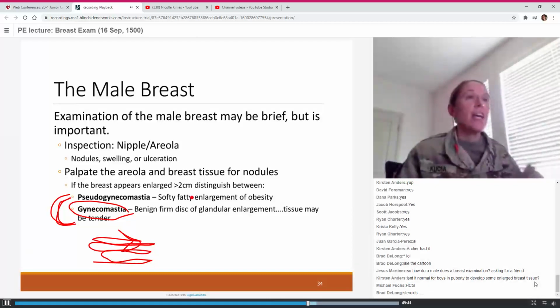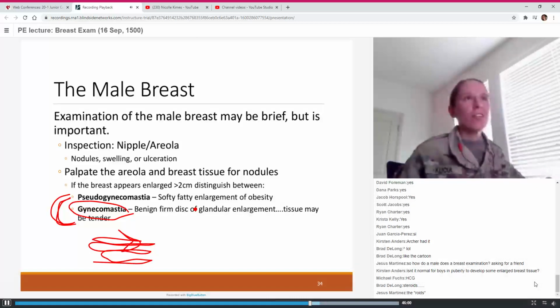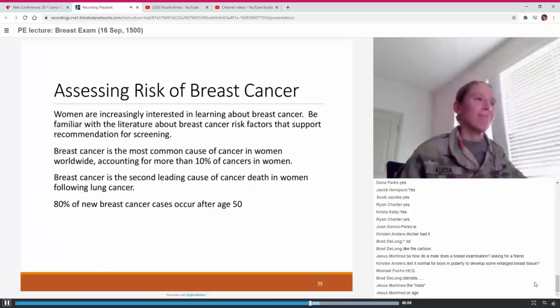Steroids. Hey, I used to work in the prison at Fort Leavenworth. So we saw gynecomastia all the time in people who were doing drugs and steroids. They would always come in with complaints of breast problems because they wanted to have their gynecomastia treated while they were in prison. Or age.